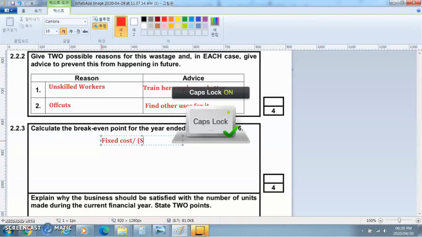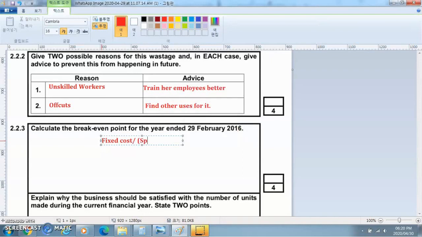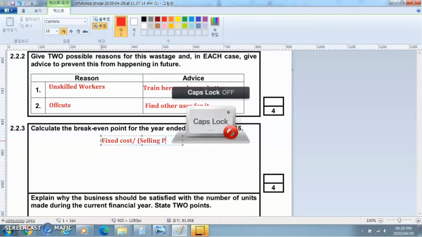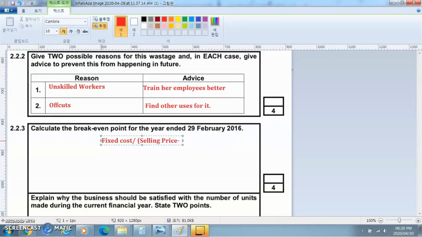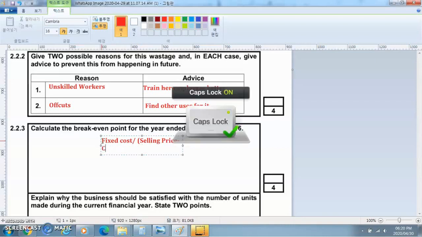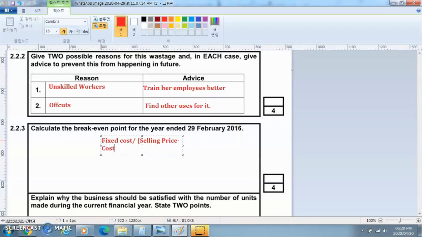Divided by selling price minus what? Minus cost price, which is usually variable cost most of the time. So just say minus variable cost or minus cost price. Okay, and then you close your bracket. So this is the formula, right?